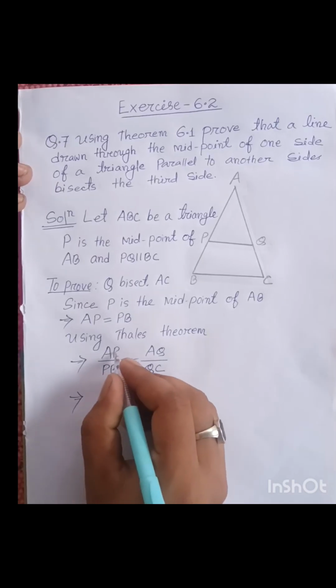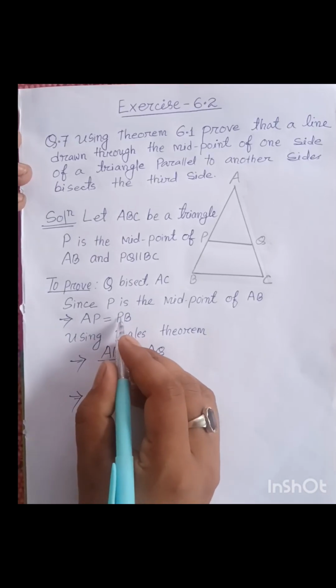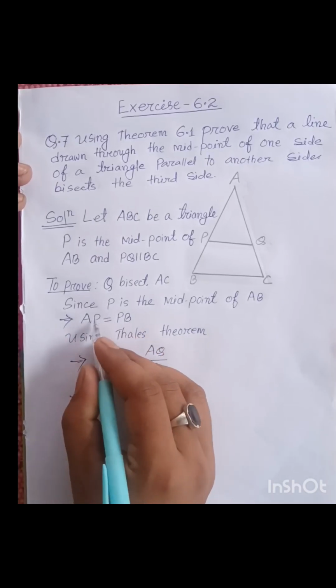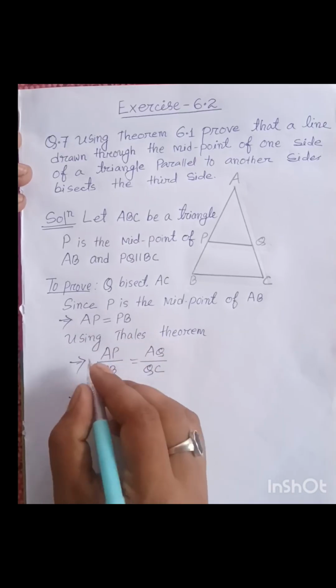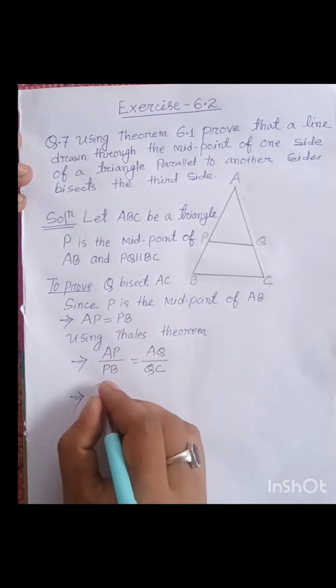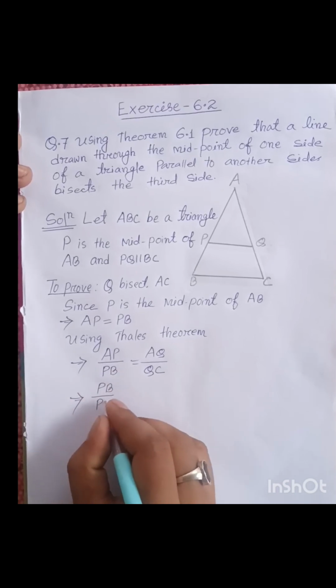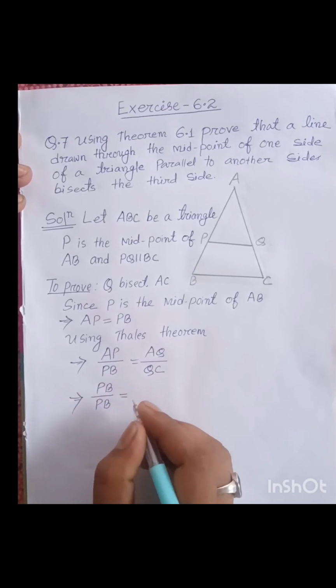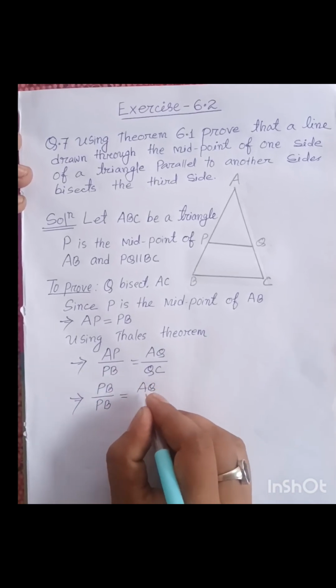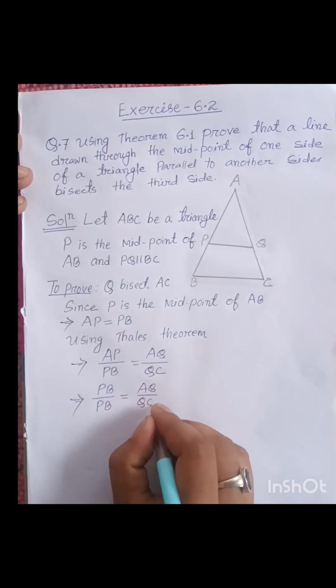Now in place of AP, I'll use PB because the value of AP is equal to PB. So in place of AP, I can use PB. And here we have PB. So write as it is equal to AQ by QC.